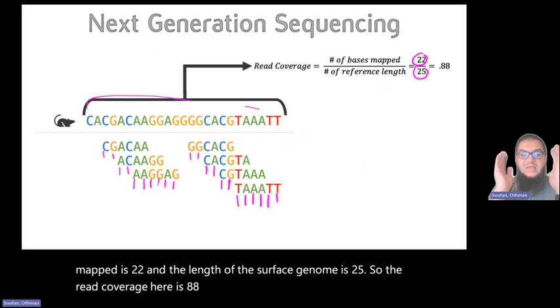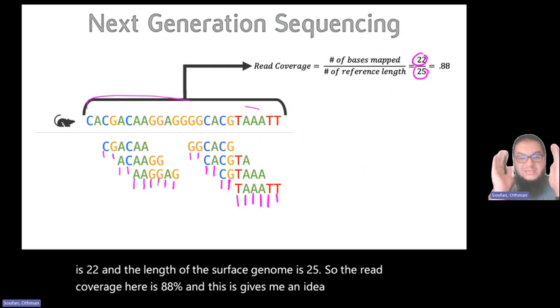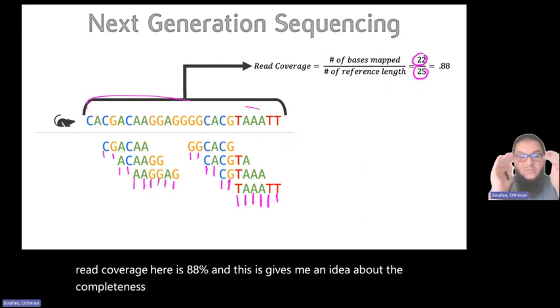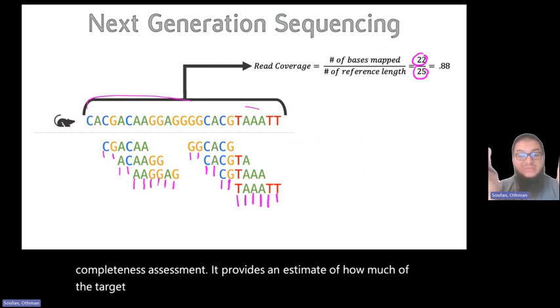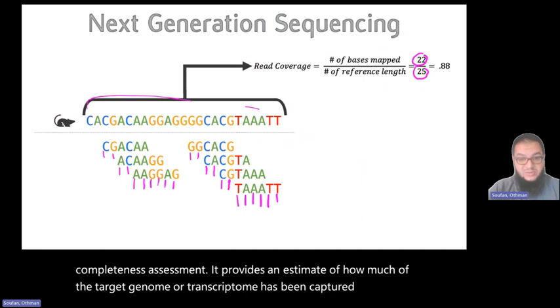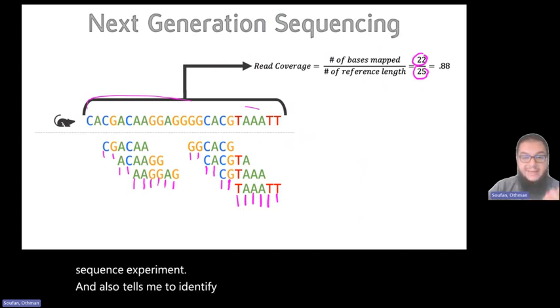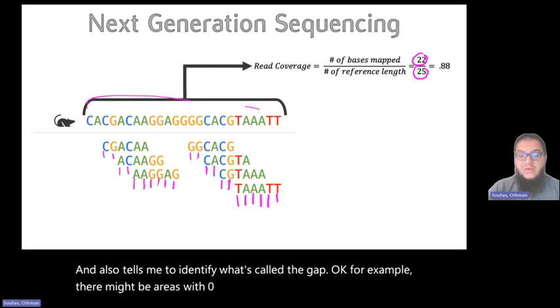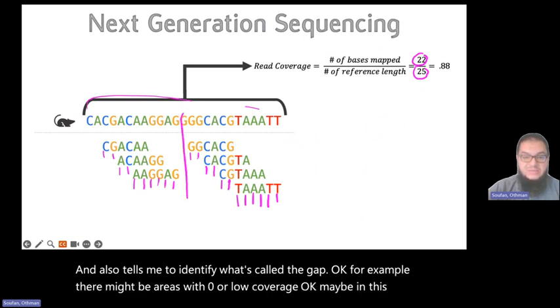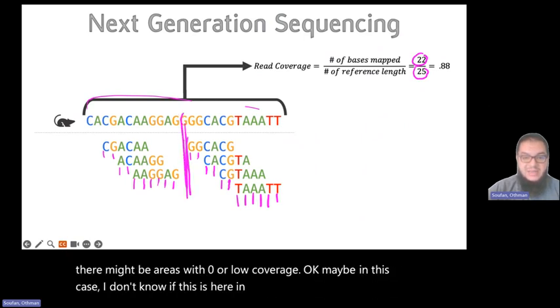And this gives me an idea about the completeness assessment. It provides an estimate of how much of the target genome or transcriptome has been captured in the sequencing experiment. It also helps me identify what's called a gap. For example, there might be areas with zero or low coverage. Imagine this seems a gap here.